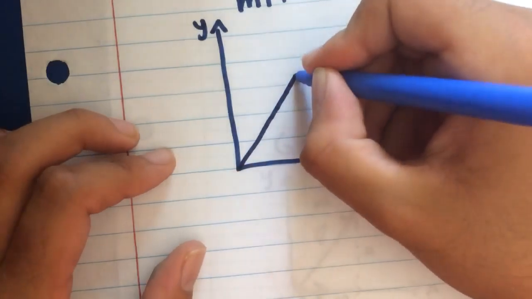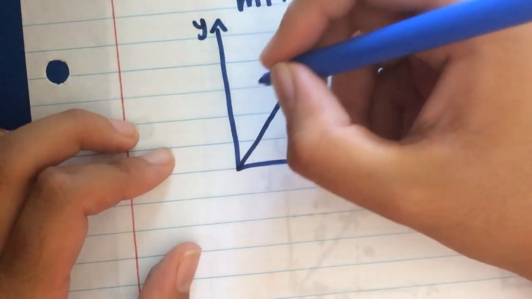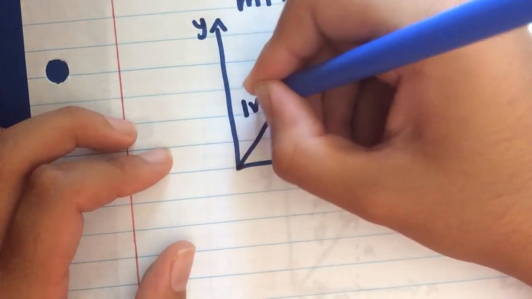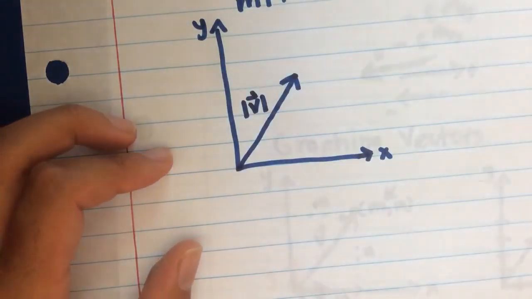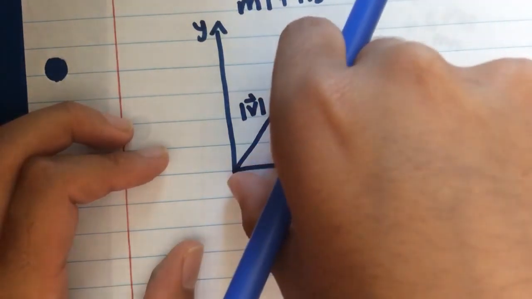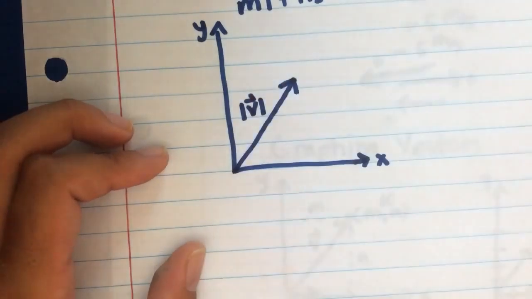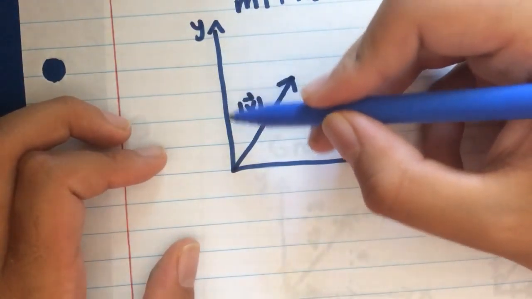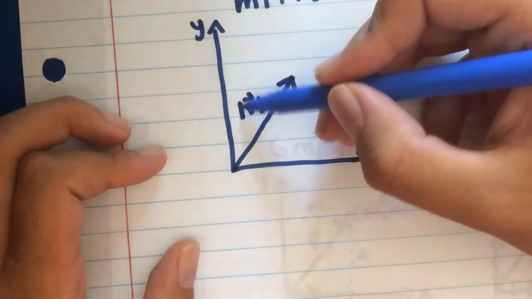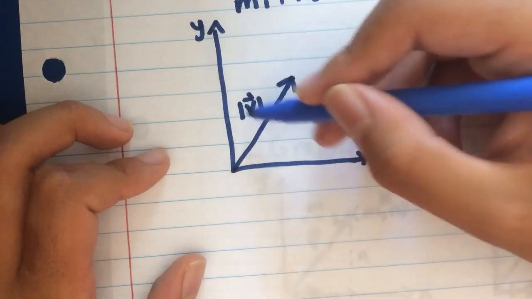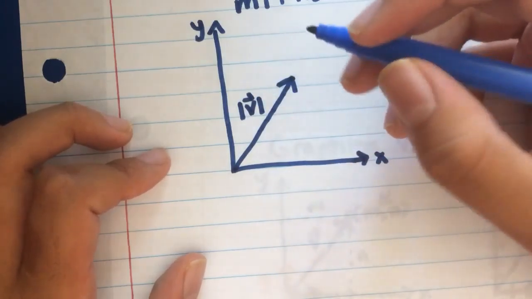So let's say we have a vector v, and its magnitude is v units long. So we know the magnitude of the vector. We know how long this arrow is. To write the magnitude of a vector, we put absolute value bars around it. So the magnitude of v, the absolute value of v.